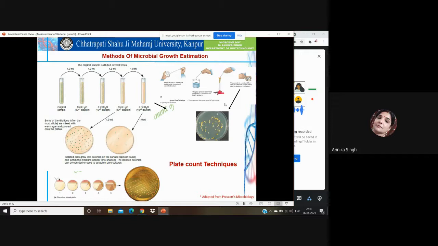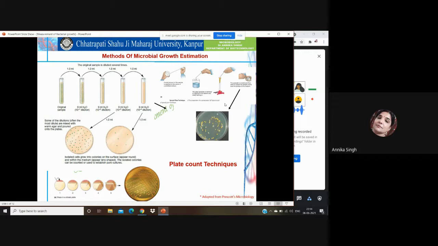In this method, numerous replicates of several dilutions of a culture are made and added to tubes containing a suitable liquid growth medium. After incubation, each tube is examined to determine if growth occurs.